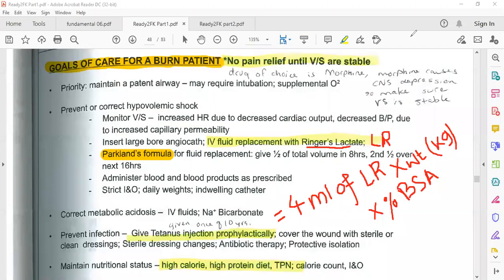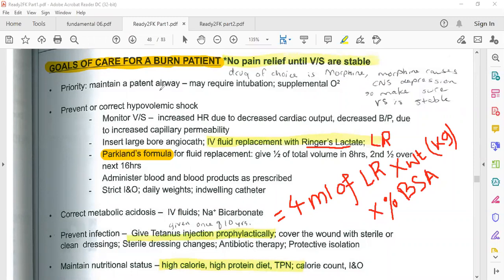Now we are going to focus on the target or goal of care for a burn patient. The most priority is to maintain the patient's airway. When a patient comes to you, or if we give care for a victim, our first priority should be to stop the burning process.